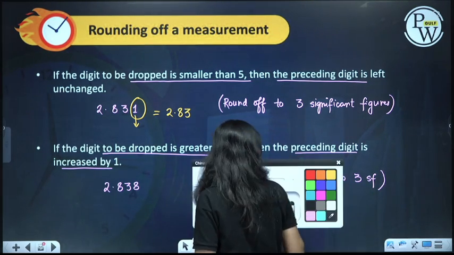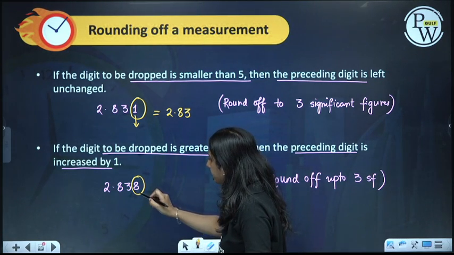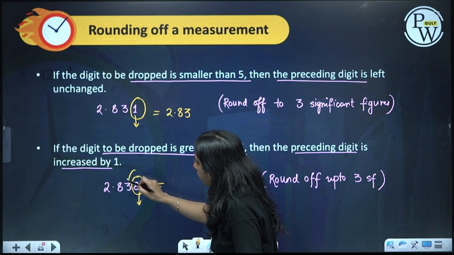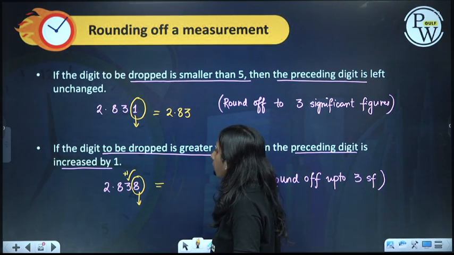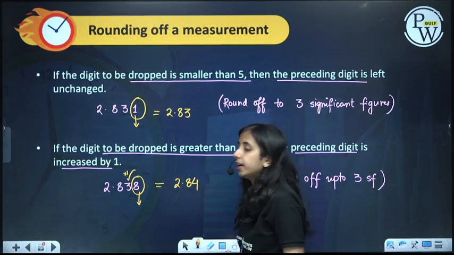Again, the digit to be dropped is 8. So 8 is greater than 5, so the preceding digit will increase by 1. It will become 2.84.